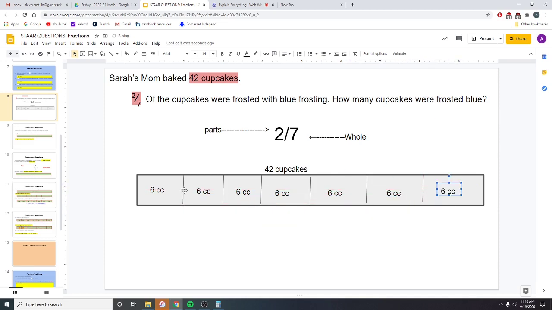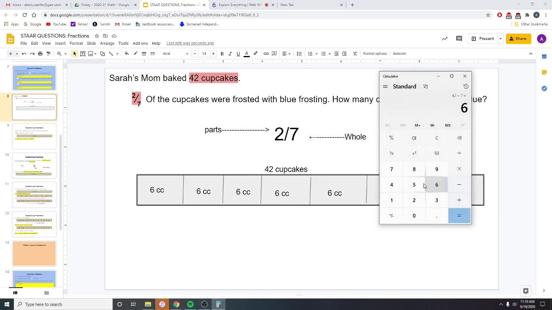And if you add 6 plus 6 plus 6 plus 6 plus 6 plus 6 plus 6, they all should add up to 42. Let's just make sure. 1, 2, 3, 4, 5, 6, 7. That all adds up to 42 cupcakes.